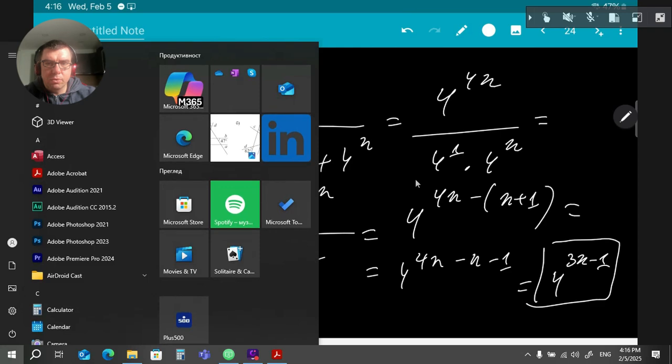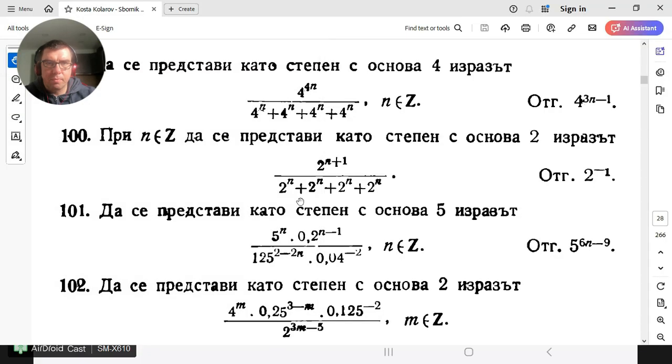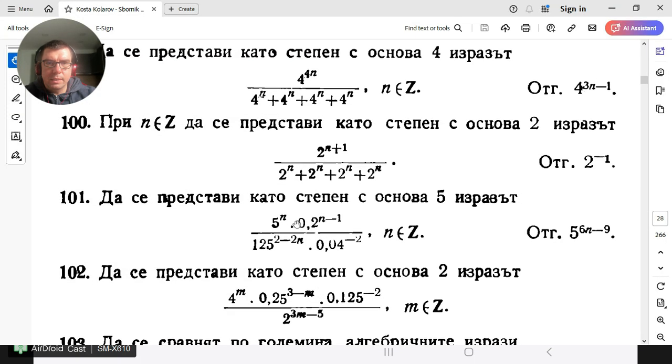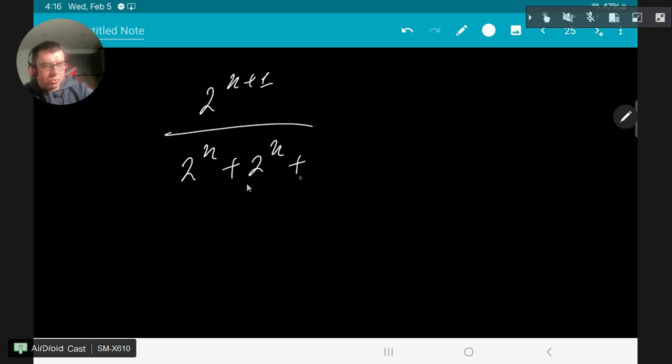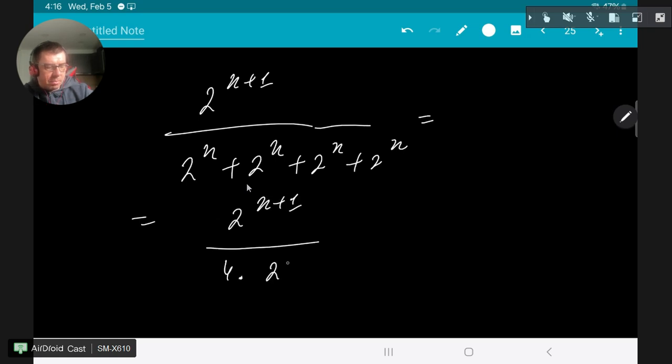Let's go to the next one. Same condition, show this expression presented as 2 to some power: 2 to the power of 2n plus 1 over 2 to the power of n plus 2 to the power of n plus 2 to the power of n plus 2 to the power of n. Same procedure. This is 4 times 2 to the power of n, over 2 to the power of 2n plus 1.